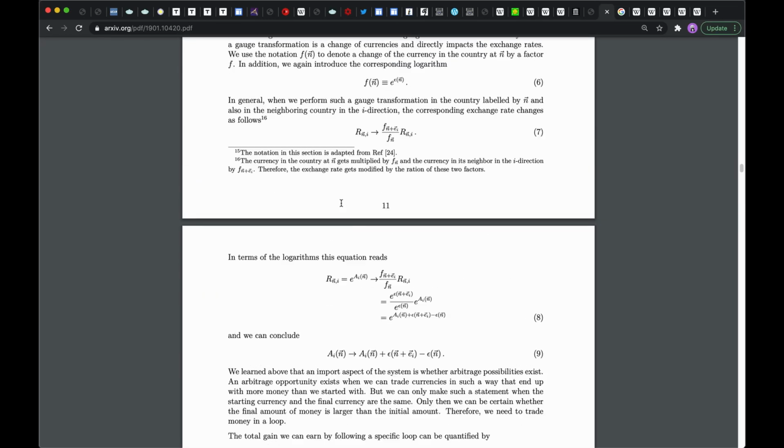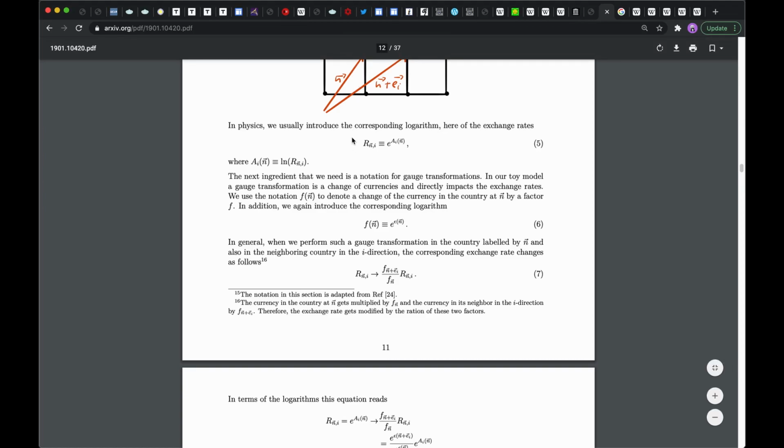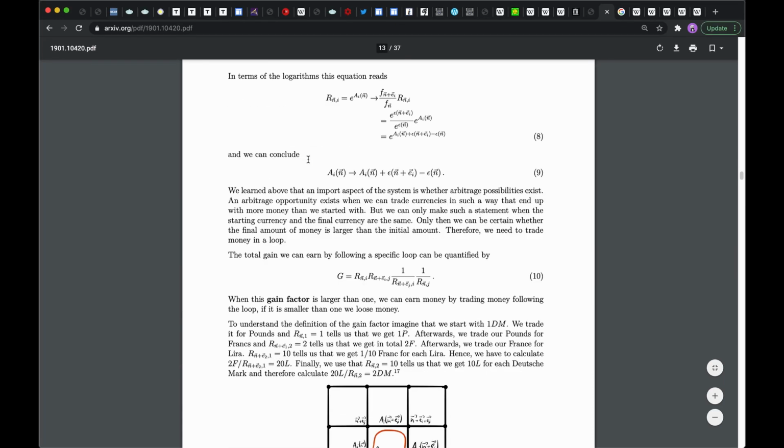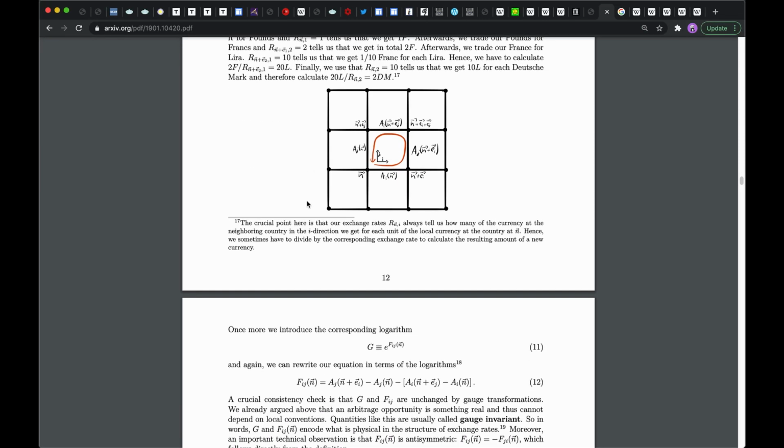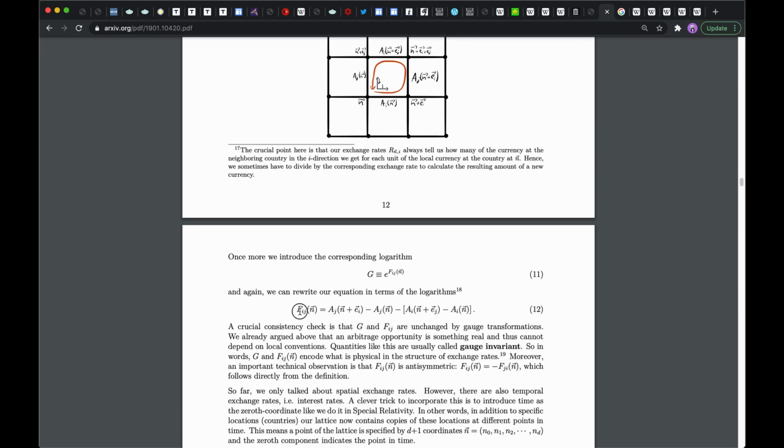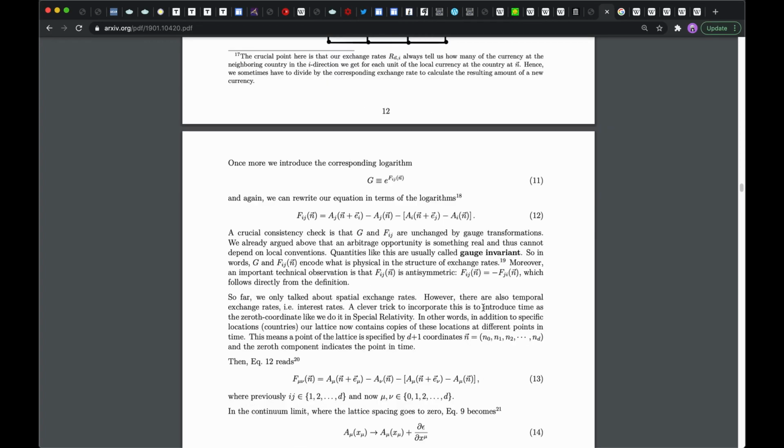I don't remember exactly. Yeah, so if you have exchange rates described by R, then our A's here are just logarithms of the R's. So basically it's logarithmic exchange rates, and F will be our curvature.